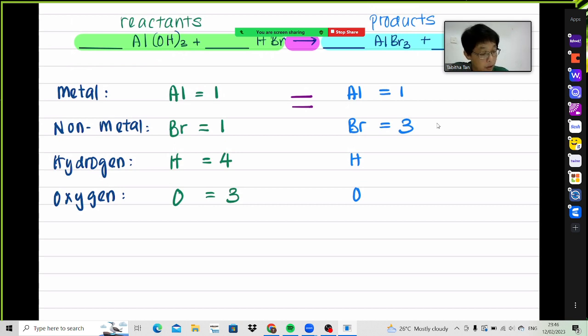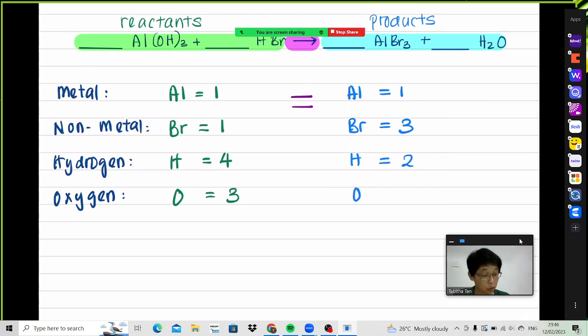And hydrogen, let's count that. There's a subscript 2, meaning 2 pieces. Let's put in 2 here. Then let's go on to oxygen. How many pieces do we have here? There is 1 piece. Yes, there is oxygen. There's 1 piece. So let's put in 1.